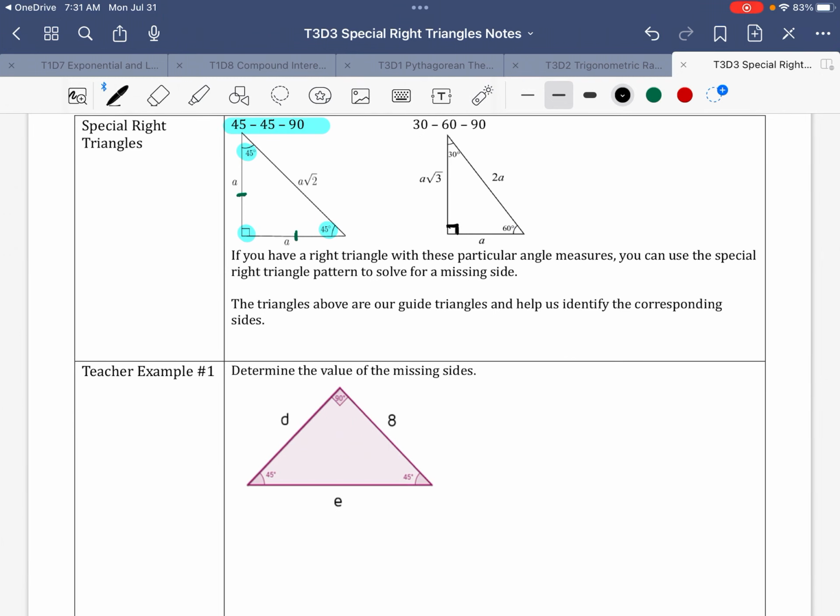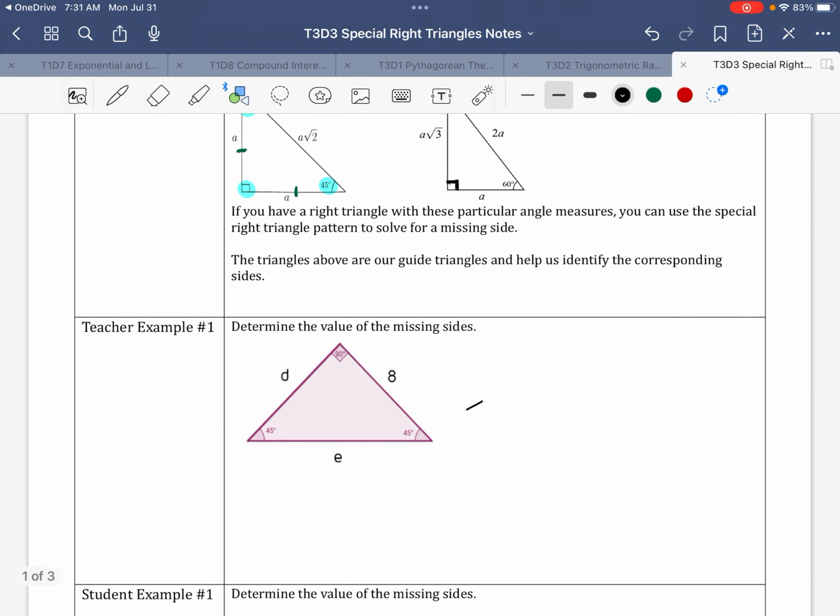So I'm going to imagine taking my 45, 45, 90 degree guide triangle, and then I'm just going to draw it like that. Close enough. And what I know about this guide triangle is here's my 90 degree angle.